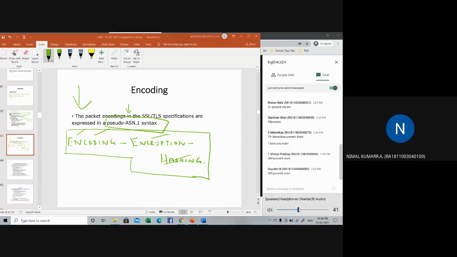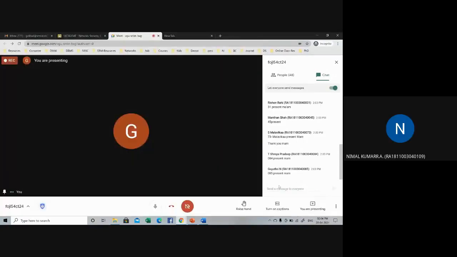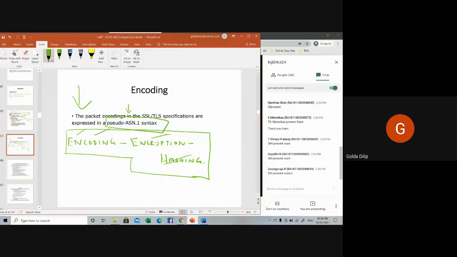No response. Chat, ma'am. Chat window. Sarangaraja's message I didn't see. Where did he put? Sarangaraja text in chat. Oh, okay, noted. Fine. 101 is present. Jitendra is present.